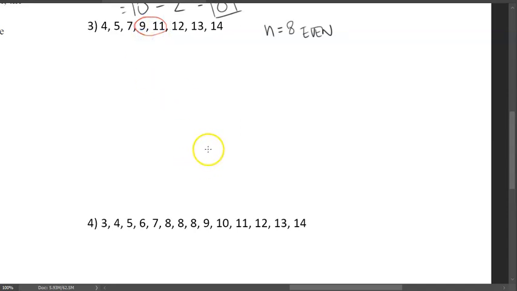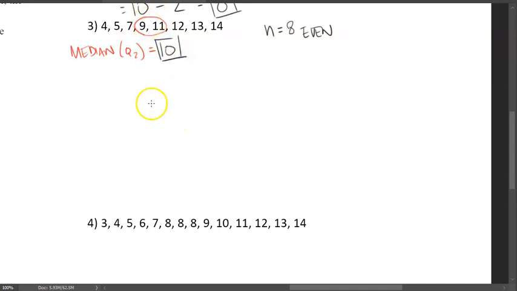Two middle numbers, 9 and 11, meaning that our median, or our Q2, in this case, is the number that lies in between 9 and 11, which is 10, or the average or the mean of those two numbers, which is 10. Okay, so my middle value is 10.